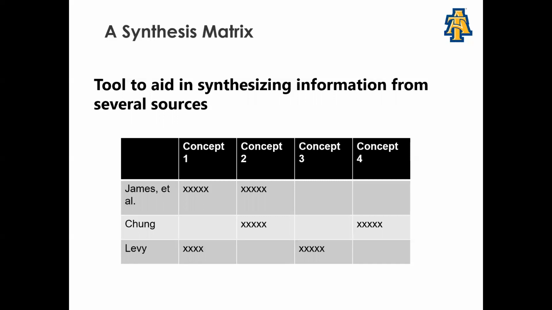If you put it in a table, it helps, where you basically list the authors and you list all the themes you've seen, and you just write a small comment and create sort of a synthesis matrix. I like using this, especially when I have a short deadline and I need to write a paper, a presentation, a manuscript.